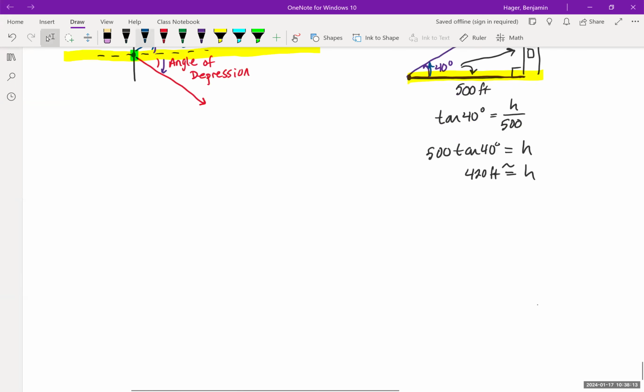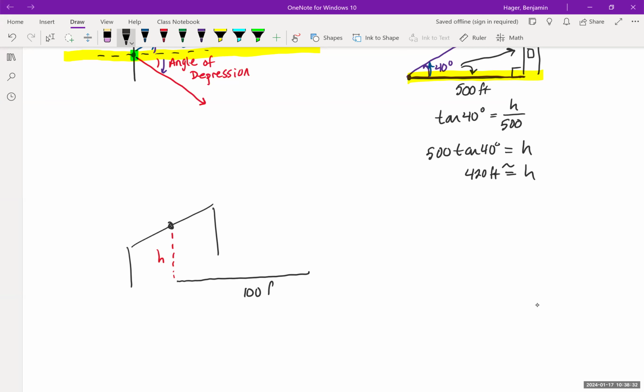Let's think about an angle of depression problem. Let's say there's some bridge you're standing on and you want to determine the height of that bridge. Let's say you have your friend walk out a certain distance from under the bridge. Let's say they go out 100 feet.